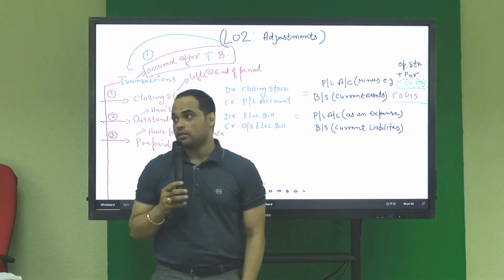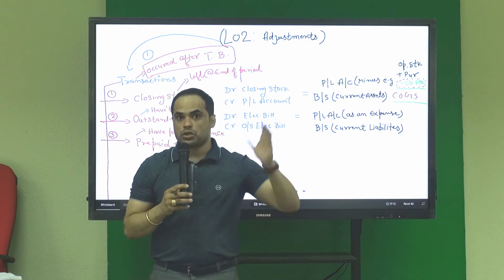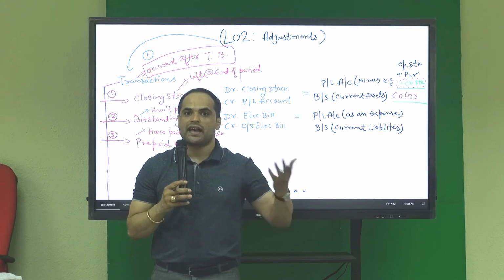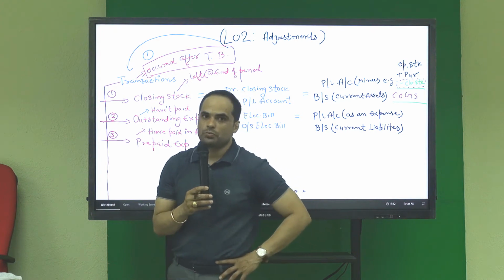You're supposed to pay rent 1 month in advance, but you paid 2 months. So that is treated as prepaid rent, right? Because the rent was paid in advance.